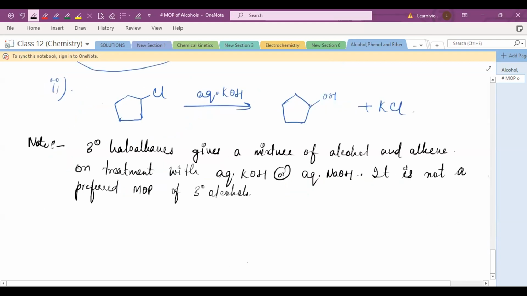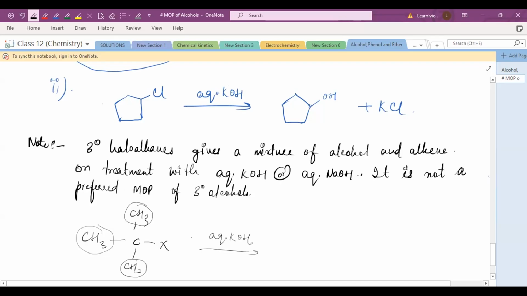Now see what happens when you take the tertiary haloalkane. Suppose we have CH3, CH3 over here, CH3, and here any X. If you take the tertiary haloalkanes, you can see there are bulky groups attached here. So when you treat it with aqueous KOH, what happens?